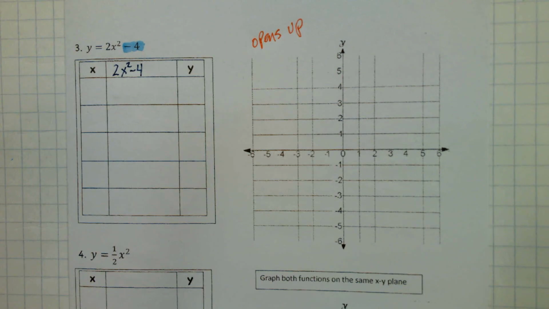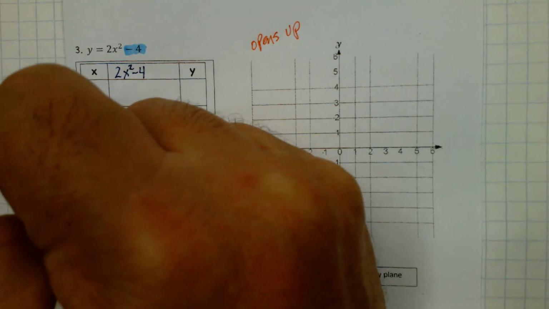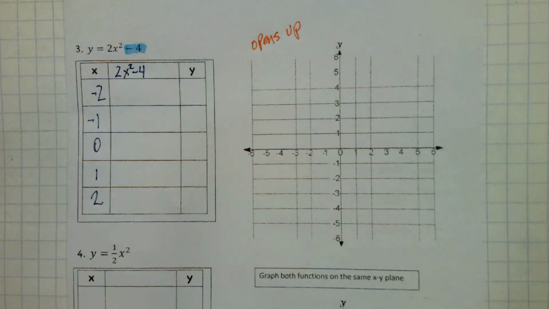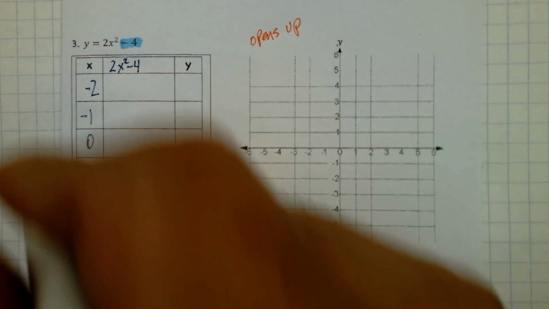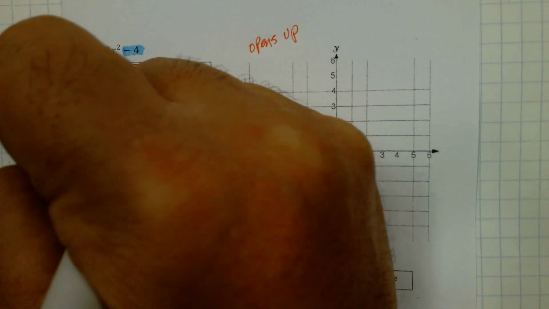So here we're just going to count by ones, with 0 in the middle. I'll do 1 and 2 here, negative 1 and negative 2 here. I'm going to plug in my numbers first. 2 times negative 2 squared, take away 4. 2 times negative 1 squared, take away 4. We'll do that for each of these.